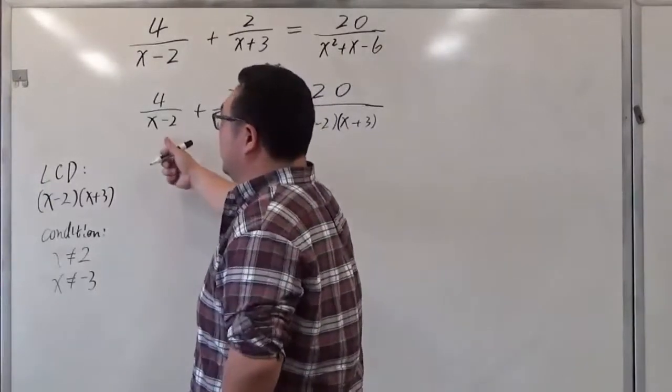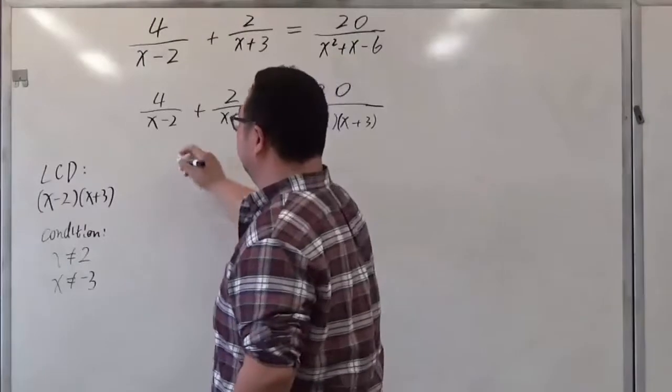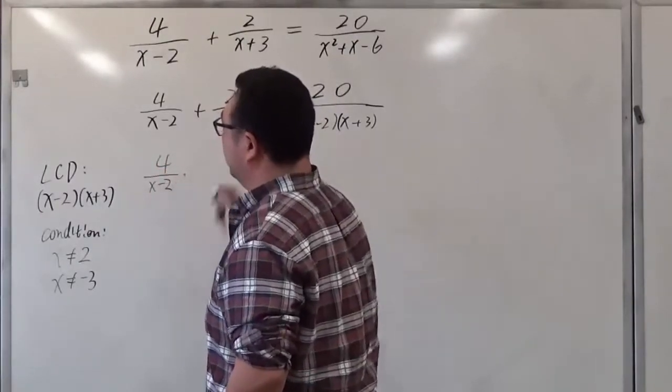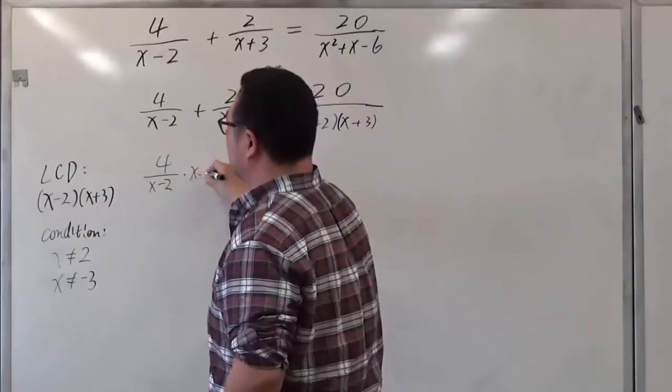The next thing, as long as we have the LCD, is to multiply each term by the least common denominator we found.